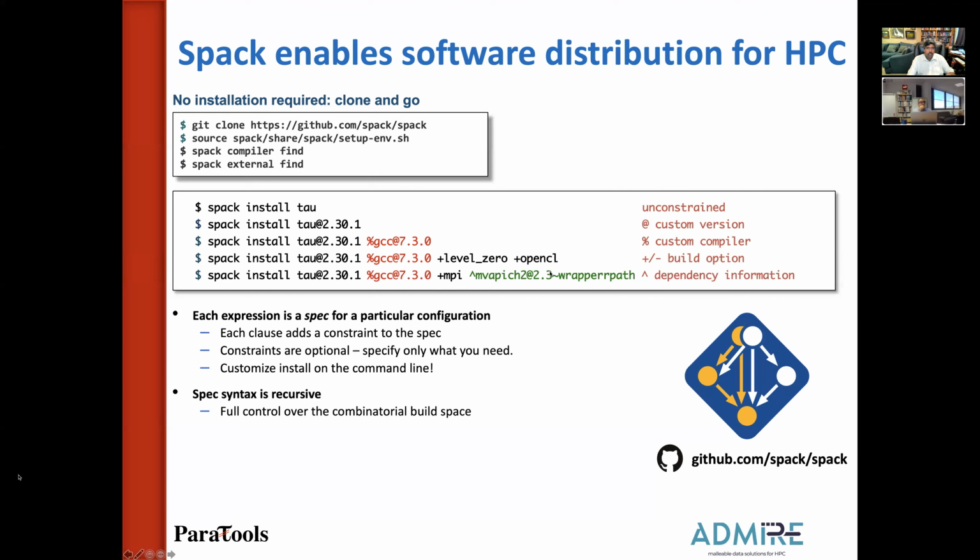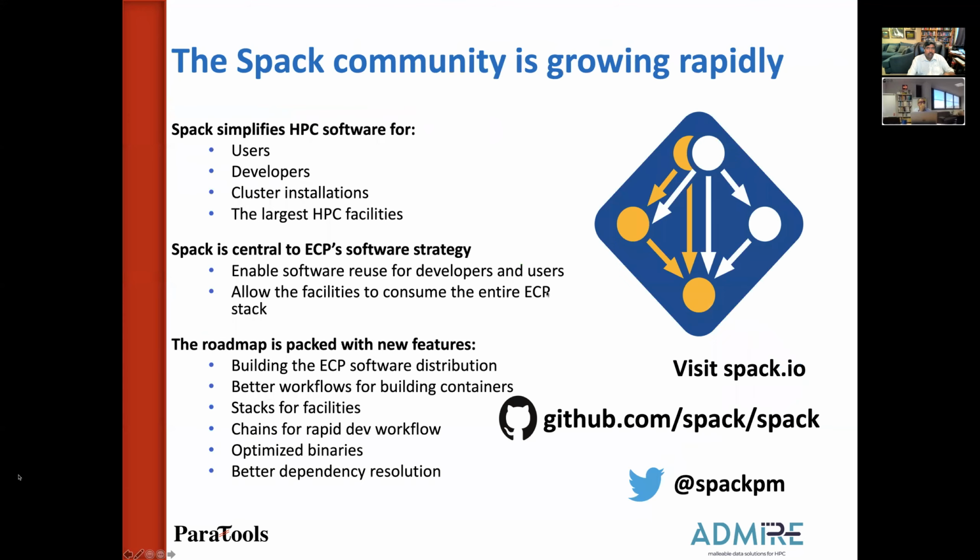Now, if this does not exist, it will actually build mvapich2. It will install mvapich2 with this version, with this flag, and then use that while building TAU. So you have fine-grained control over which packages and dependencies you have. And then you can install it.